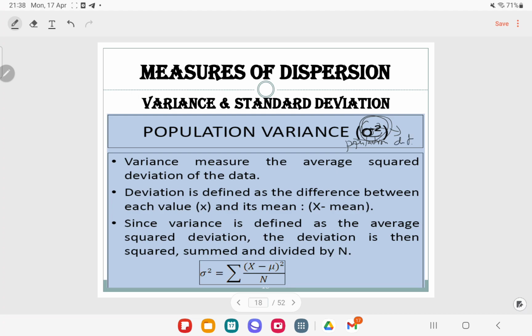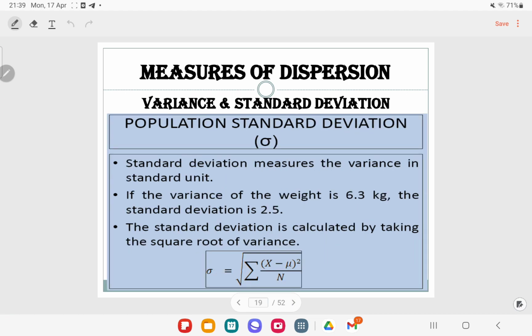In the process of finding the variance value, we take x minus the mean value. Since the variance is defined as the average squared deviation, the deviation is then squared. This will be represented by your variance, and when you square root it, you get the standard deviation sigma.